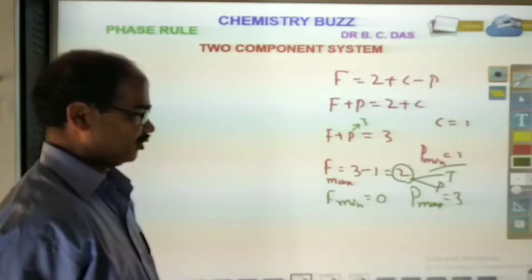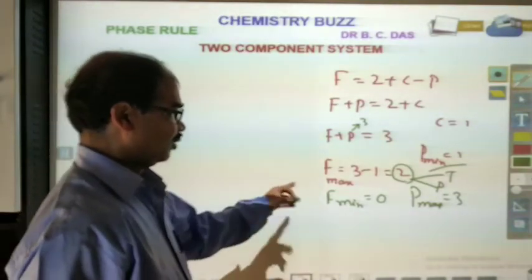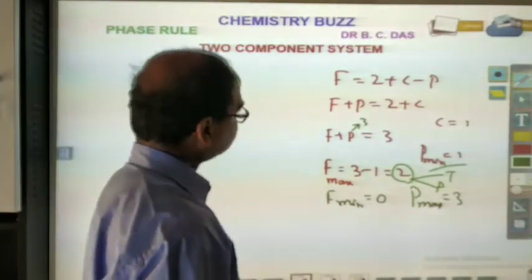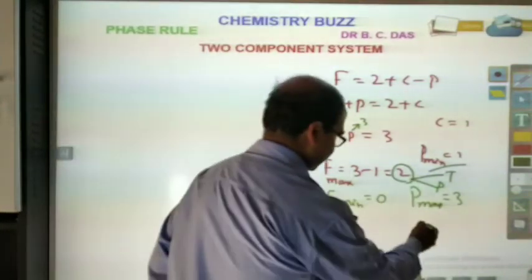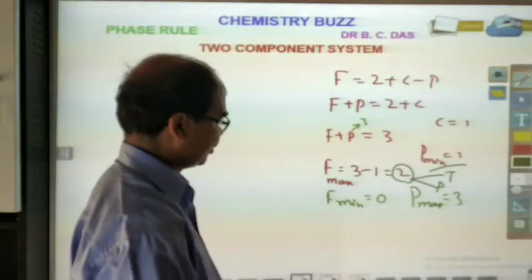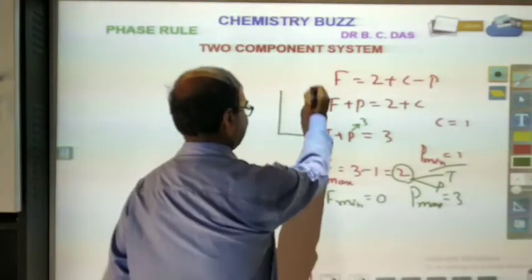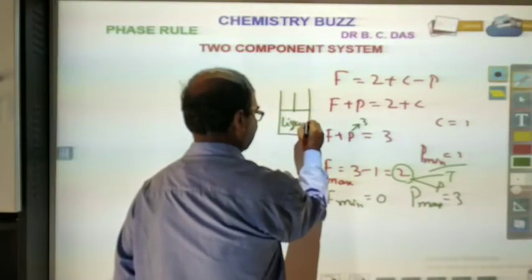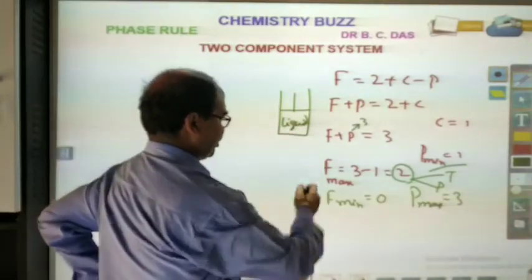These two variables are taken for the one component system when the number of phases is equal to 1. For the plot of the one component system, we have read the water system and the sulfur system. When only one phase is there, say liquid phase, the degree of freedom is 2.